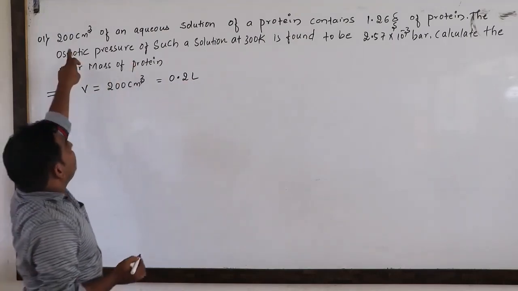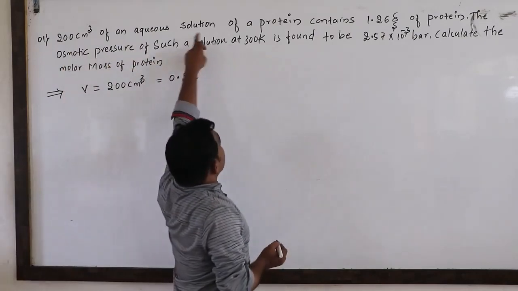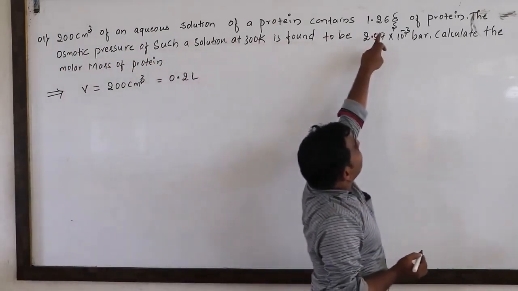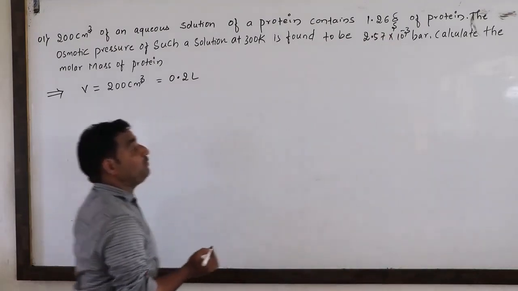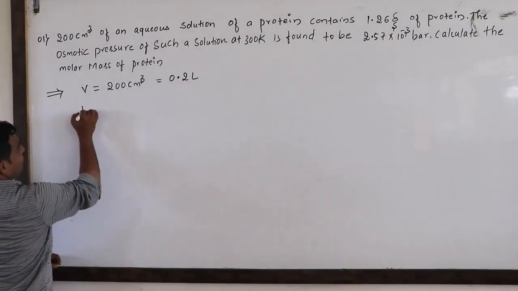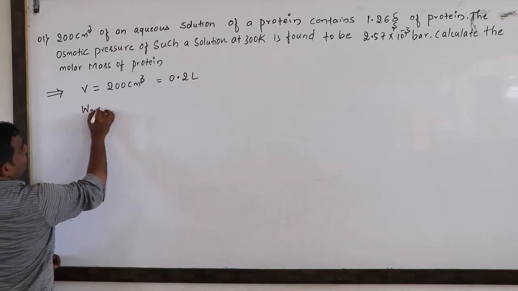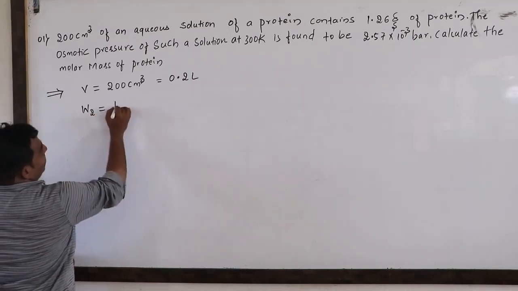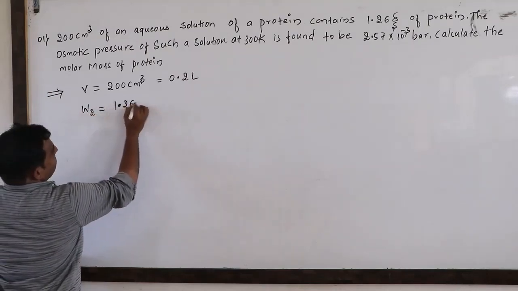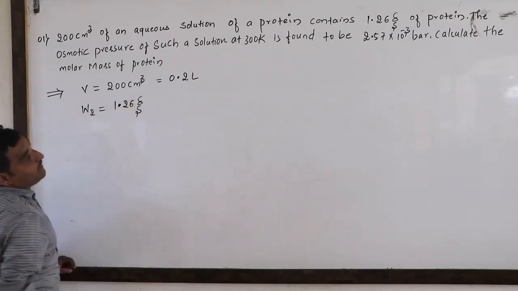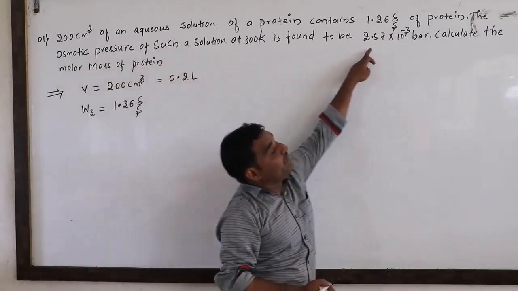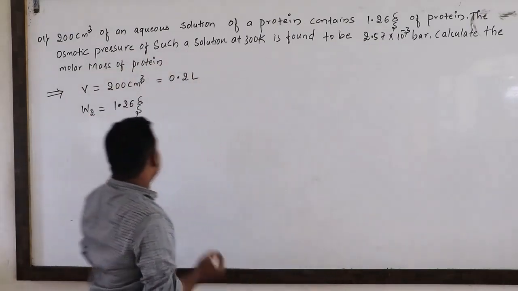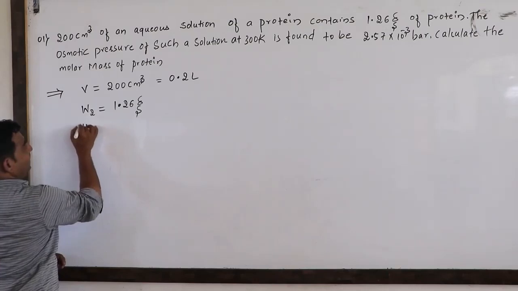And what they have given next: the solution of protein contains 1.26 gram of protein. That is the weight of the solute. So the weight of solute W2 is equal to 1.26 gram. Then the osmotic pressure of such solution is found to be, osmotic pressure is denoted by pi.